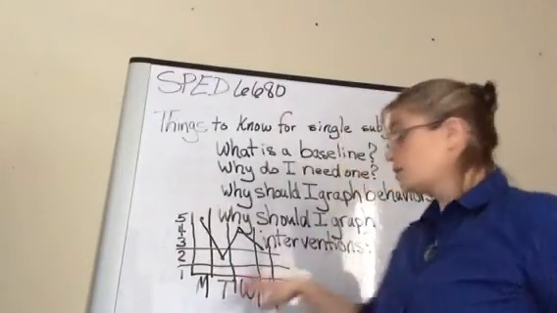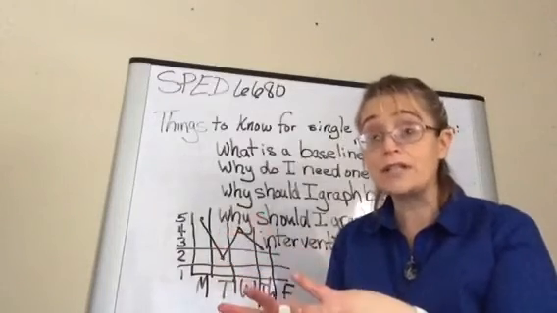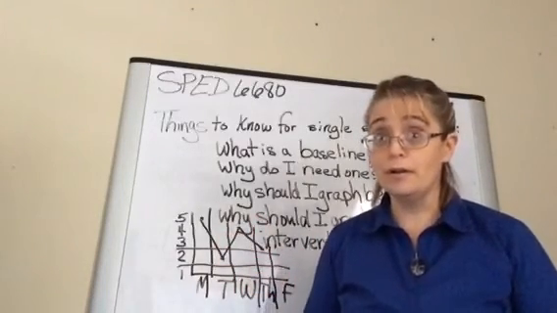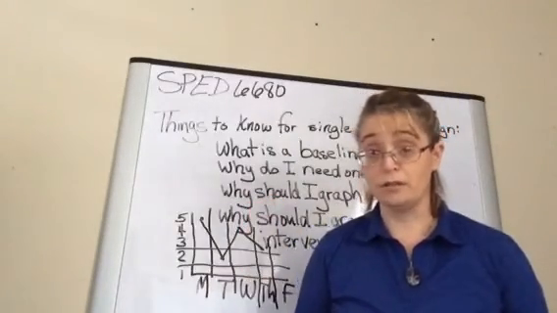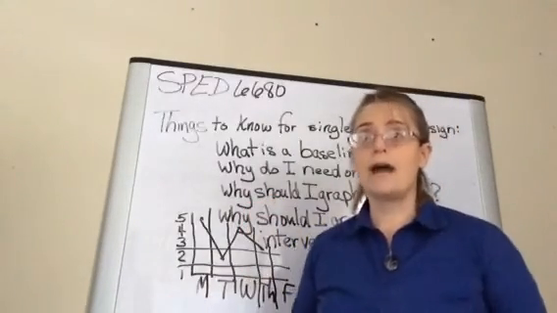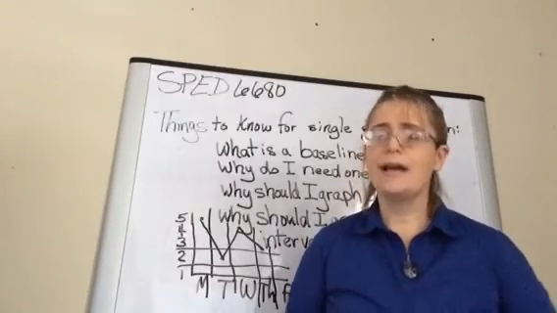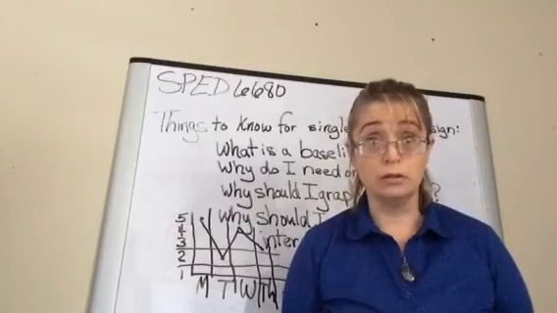All right, so I know how to tweak the intervention, or if I know it's not tweakable, I know if I need to change the intervention. And that's why graphing an intervention is so important. I know it's extra work. I know we have so much paperwork, it is unbelievable.